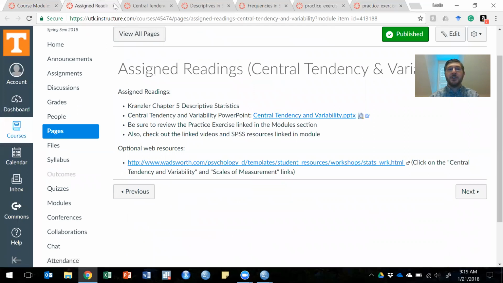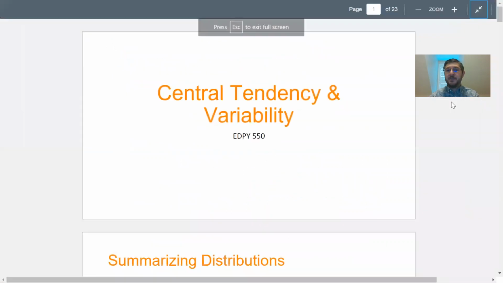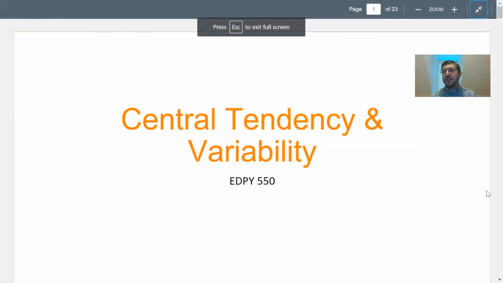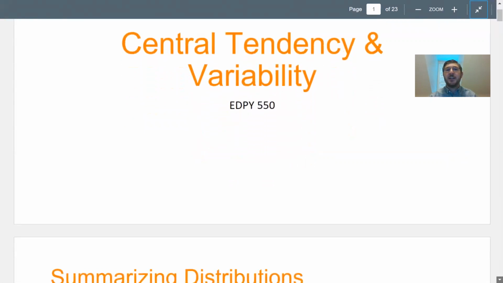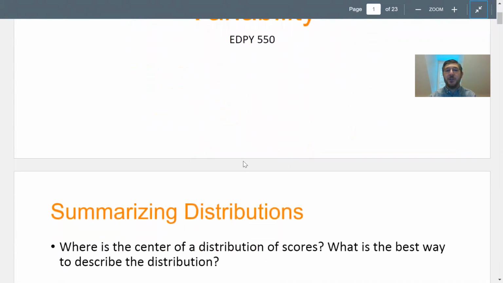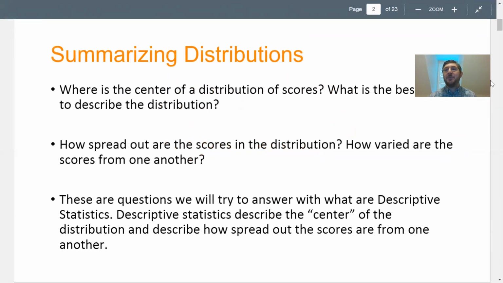So you can measure all of our assigned readings again. First, we'll just go through the PowerPoint a little together. This summarizes what's going on in our readings for the week, and gives you another overview of central tendency and variability. So basically, in this module, we're interested in describing the distribution of data we have.